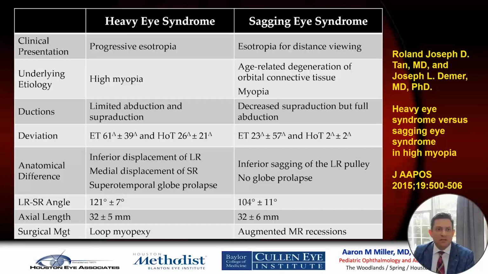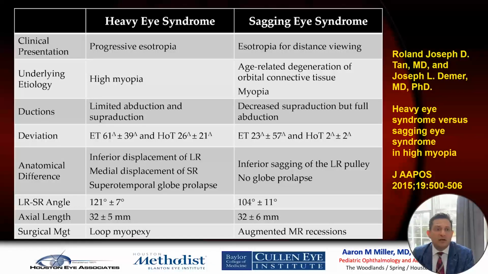This is probably from the slow chronic changes that occur, with concurrent contracture of the contralateral muscles, whereas sagging eye might show a little bit of supraduction deficit, but abduction tends to be more full. Additionally, the size of the eye misalignment does tend to fluctuate and be a little different between the two. Heavy eye syndrome tends to have larger deviations, whereas sagging eye syndrome in this article tends to be on the smaller side.